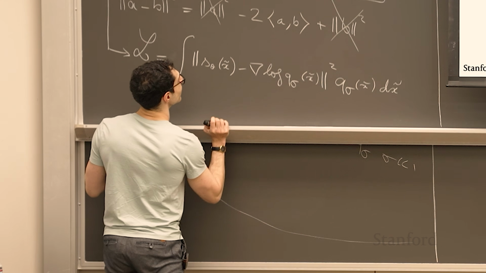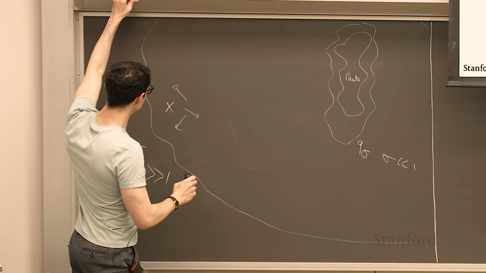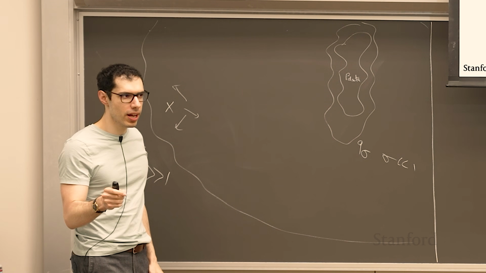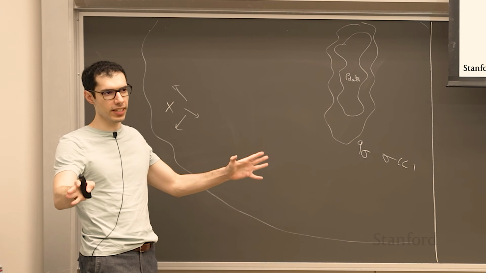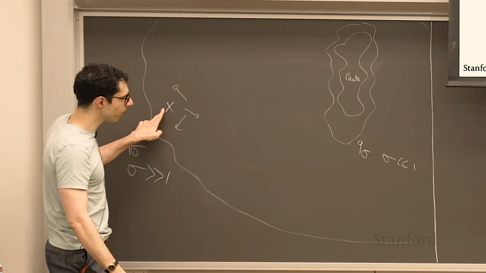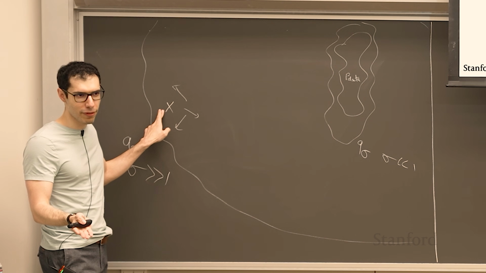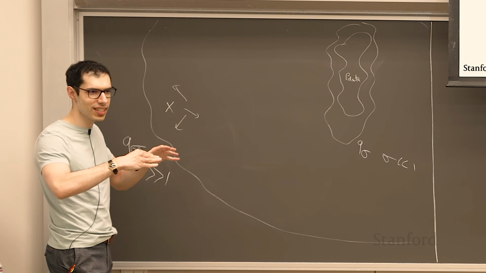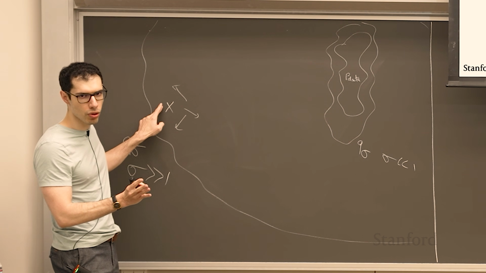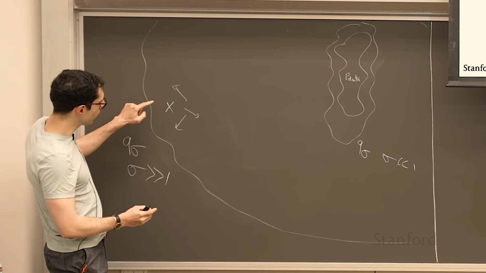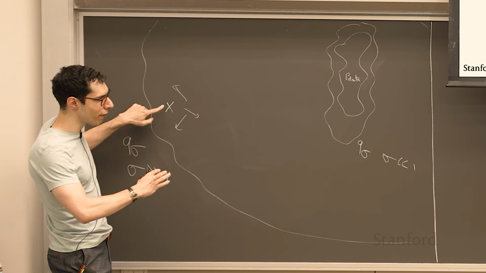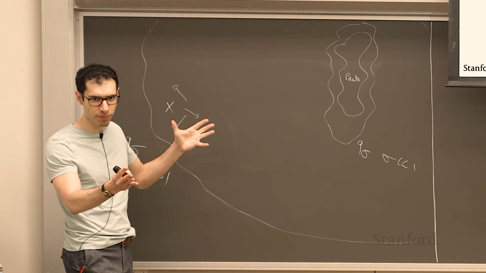So if I show you my beautiful charts here, at the very beginning, what you care about is knowing roughly where to go in space. So here, it's fine if you have the score of a distribution that is quite approximate from the true one, as long as you know roughly where you need to go. So the idea is here, you will use the score of a distribution that has been very noised.